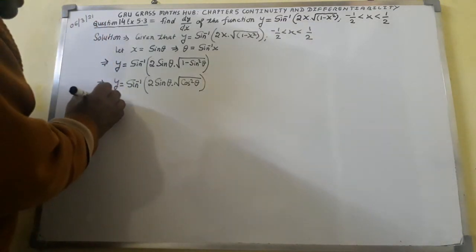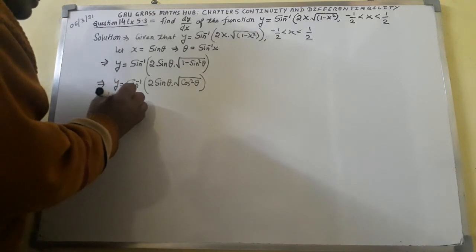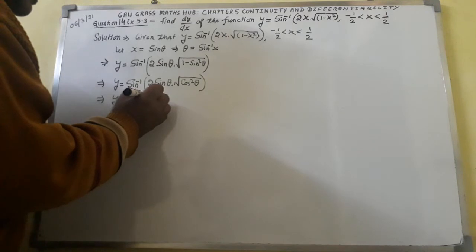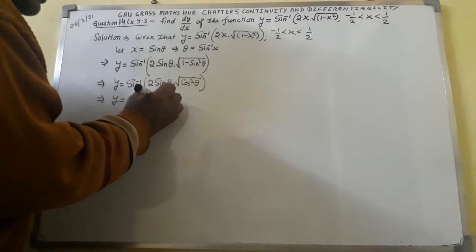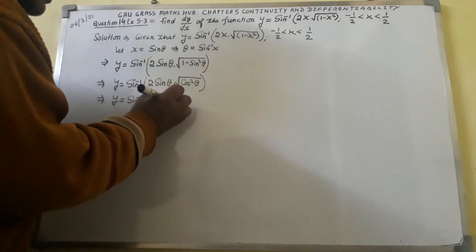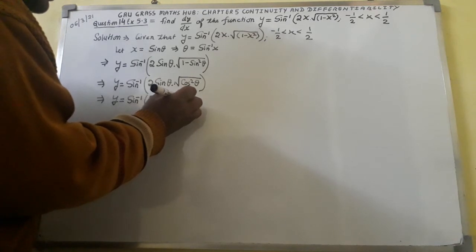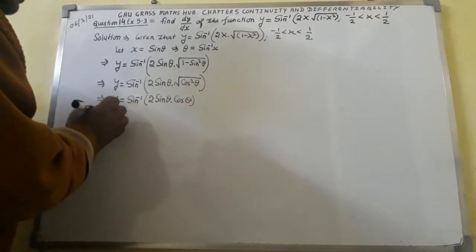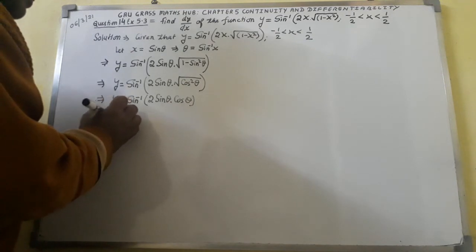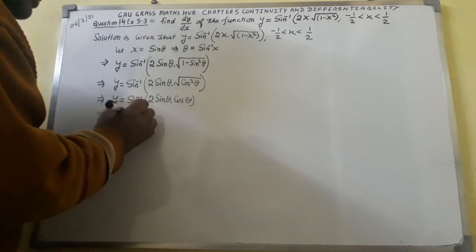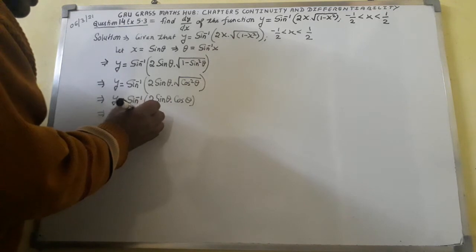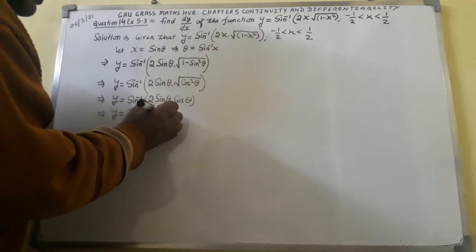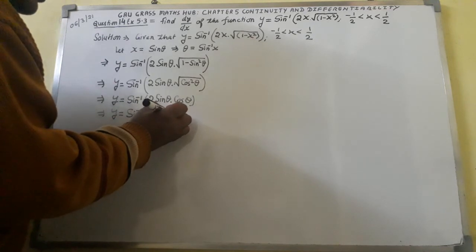You will get y is equal to sine inverse of (2 sine theta times cos theta). So y is equal to sine inverse of sine 2 theta.